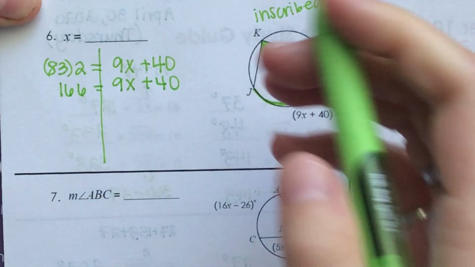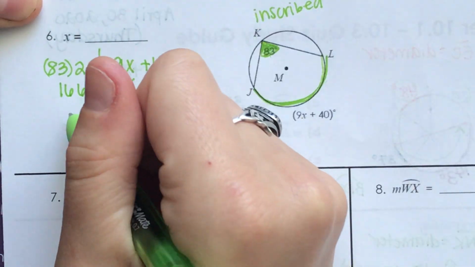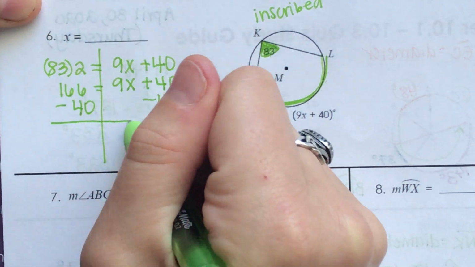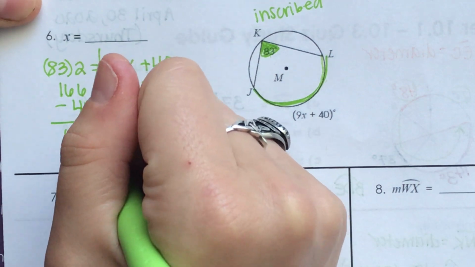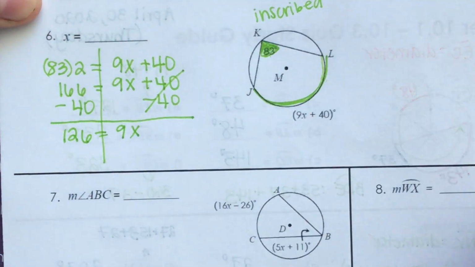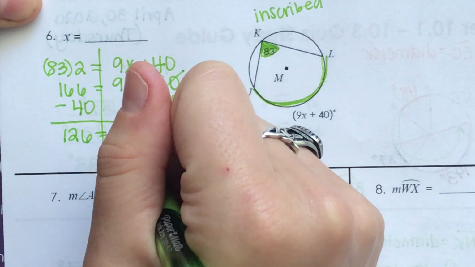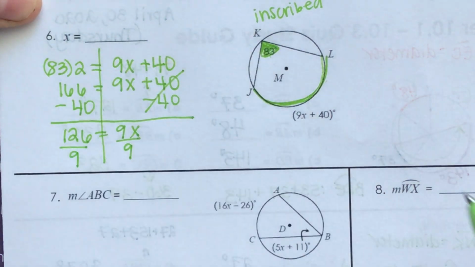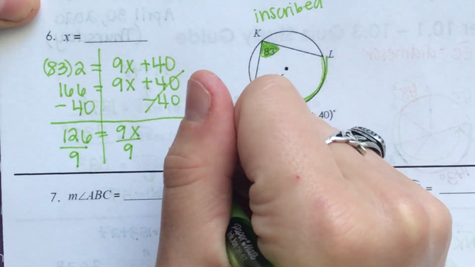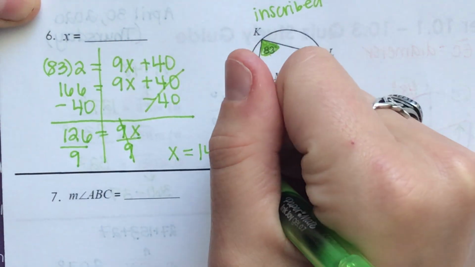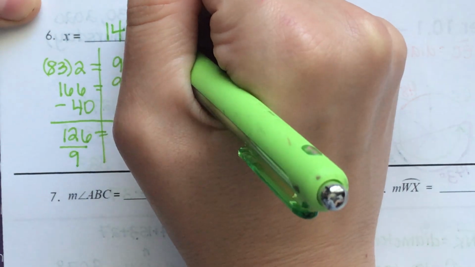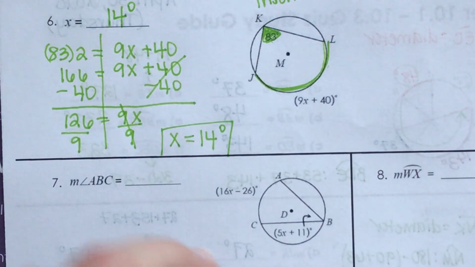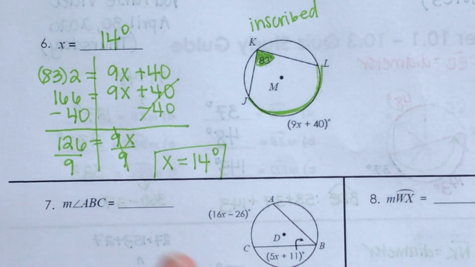To get the x by itself, I'm going to subtract 40 from both sides. I get 126 equals 9x. My 40s will cancel. And then to get the x by itself, I divide by 9. I get x equals 14 degrees. And that's all that the question asked me for. It did not ask me to plug anything in, so I just leave it as 14 degrees. And make sure, again, you put degrees because we are talking about angle measures here.